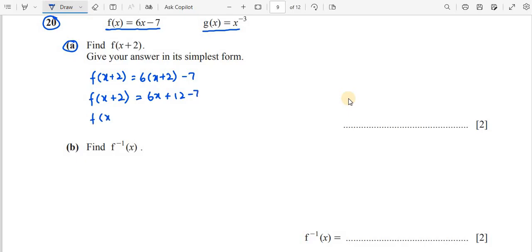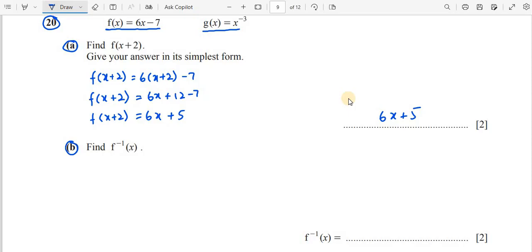F of x plus 2 is equal to 6x plus 12 minus 7, which is plus 5. So the final answer is 6x plus 5. Part B.